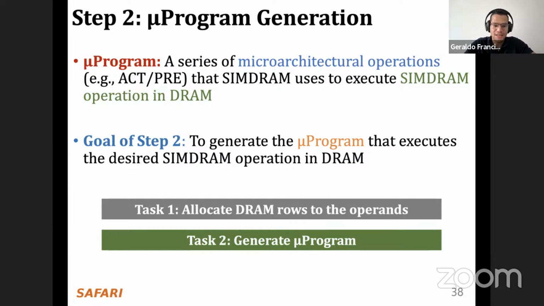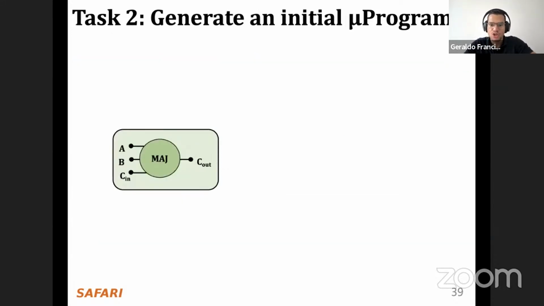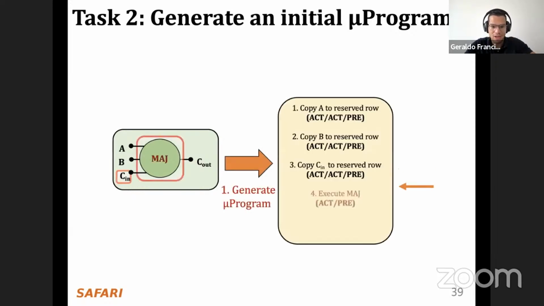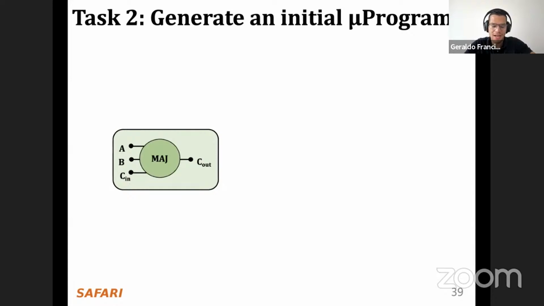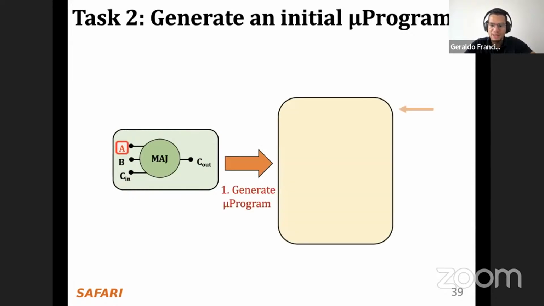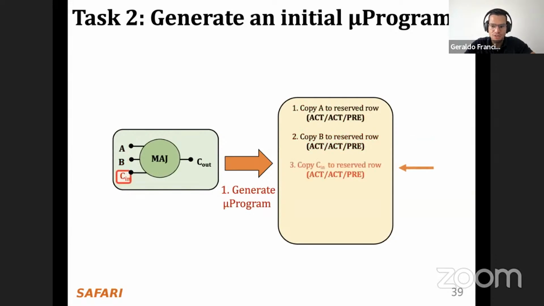Next, we are going to look at the second step, which is generating the microprogram. Task 2 has 3 key parts. The first part generates the initial microprogram by simply copying the input operands from the data rows to the DRAM rows allocated in task 1, using the row copy operations proposed in RowClone, followed by precharge operations.